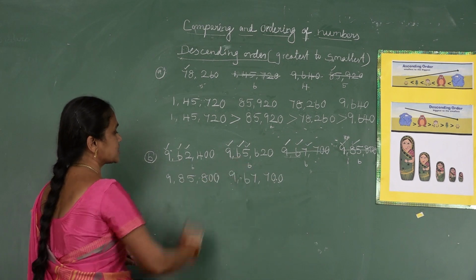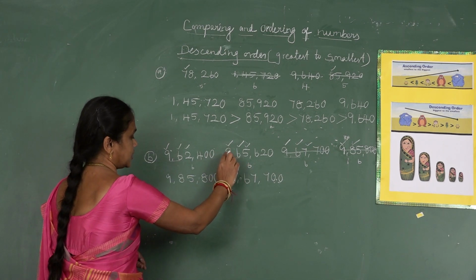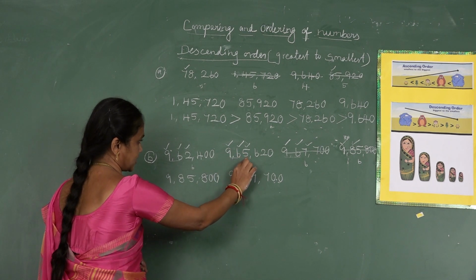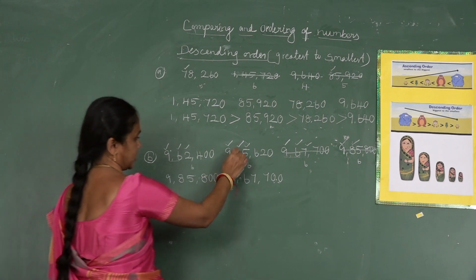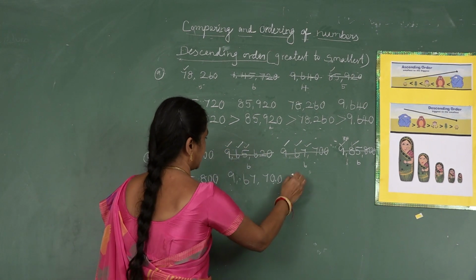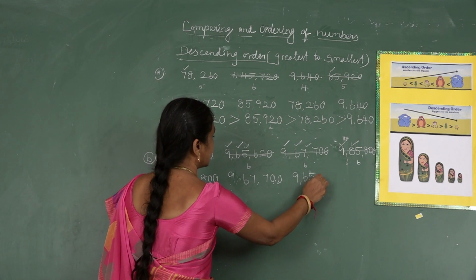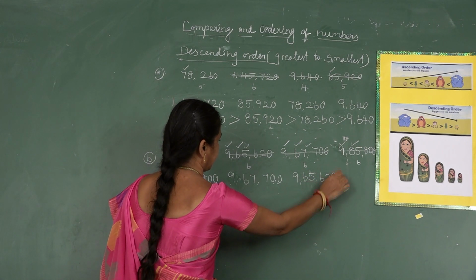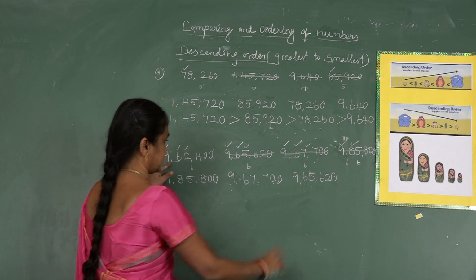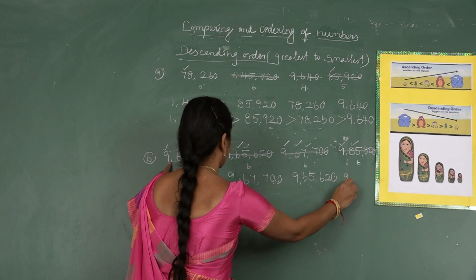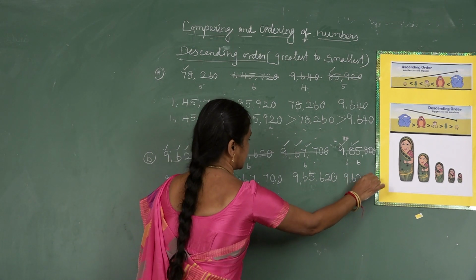In these two numbers, 9,65,620 is greater than this number. So we write this number in third place, 9,65,620. We write this number at the end, 9,62,400.